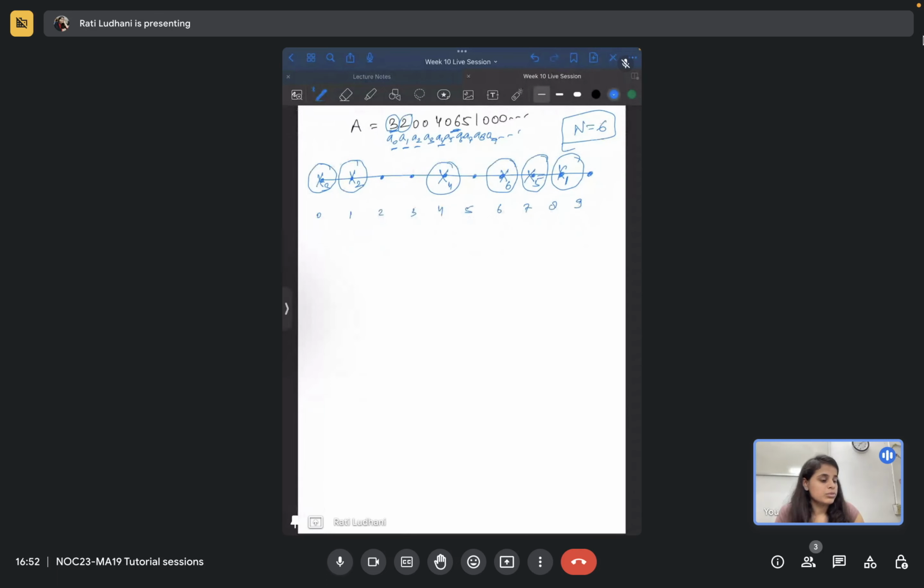Now what do we need? You have 0, 1, 2, 3 and so on. This is x3, x2, x4. Now let's start with the sign. Firstly, what is sign? The sign of a represents where the xi's go. I can show you here, that will be easy.